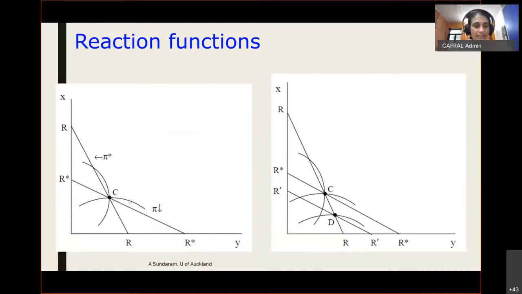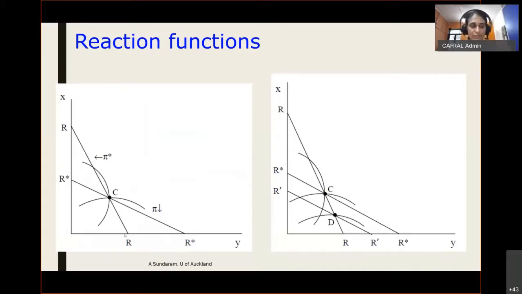And these curves here are just isoprofit curves. These curves are telling you the profit level for different combinations of X and Y. The direction here tells you that if you go down, this is the Indian firm's pi, the Indian firm's profits are increasing as you go in the downward direction. Why is that?